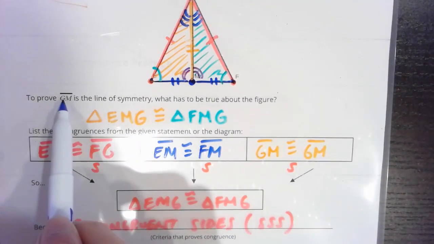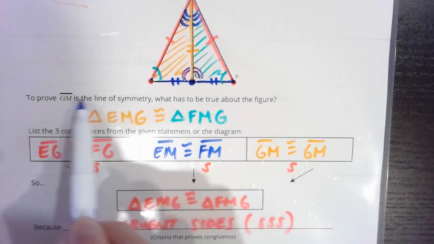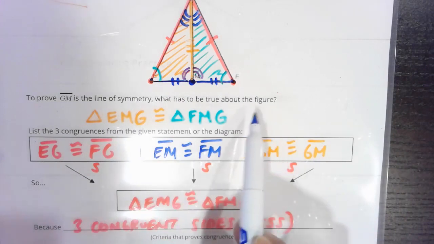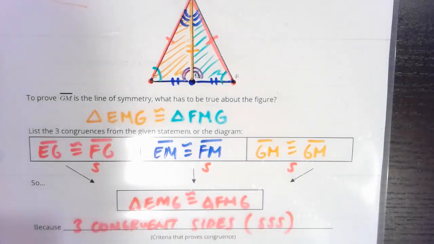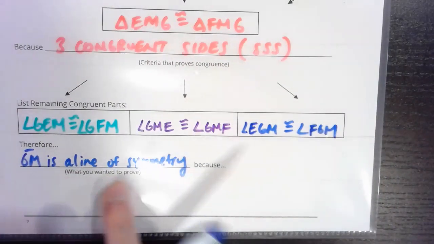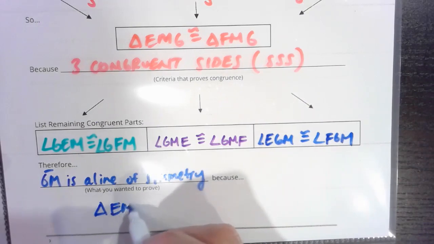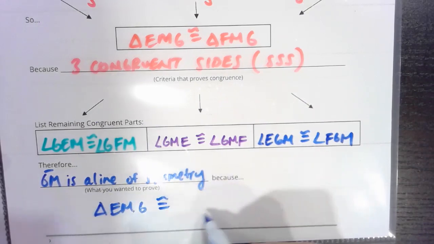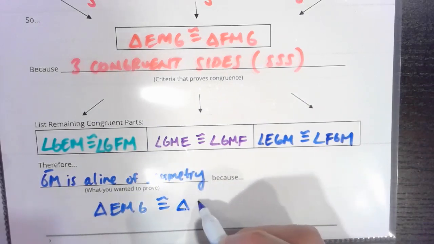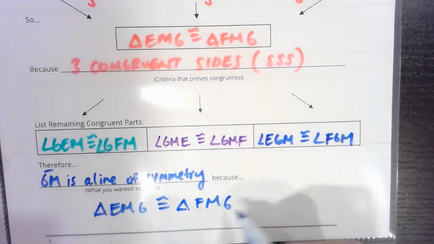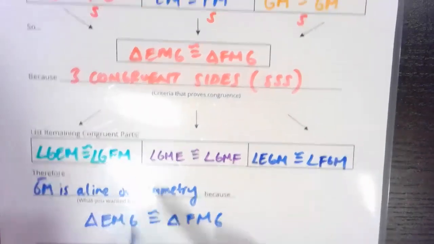When it asks to prove that GM is a line of symmetry, what has to be true? Well, this has to be true. So I can bring that argument again down here. So GM is a line of symmetry because triangle EMG is congruent to triangle FMG. That's what proves that it's a line of symmetry.